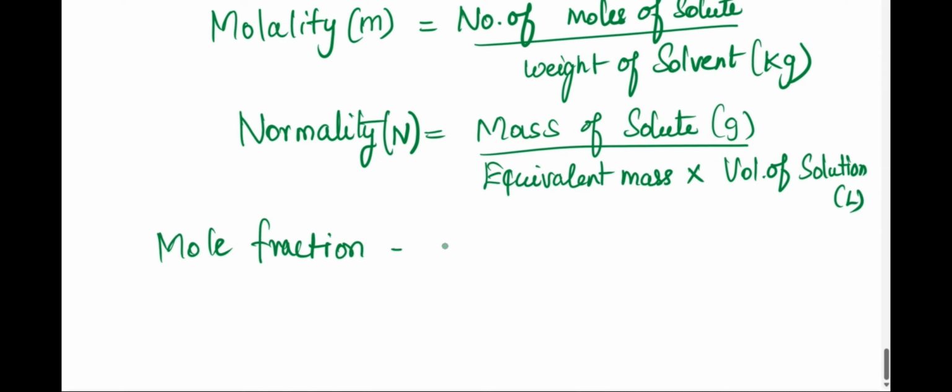Mole fraction is the percentage or the fraction of the amount of components present in the given compound. Let's say 25% or 1/4 of carbon is present in CH3, and 3/4 of hydrogen is present in CH3.